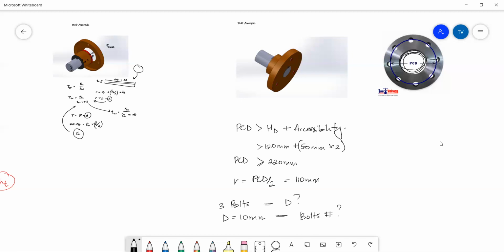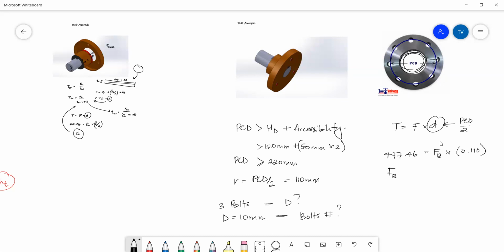Okay. First, let's find the force that will be exerted. At this PCD, and knowing the torque, torque is force times distance. Distance in this case is going to be our radius, which is PCD divided by 2. Our torque we already know is equal to the force on the bolts multiplied by the distance, which is PCD divided by 2, which is 0.110 meters.